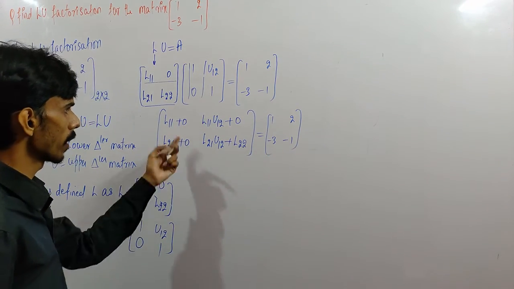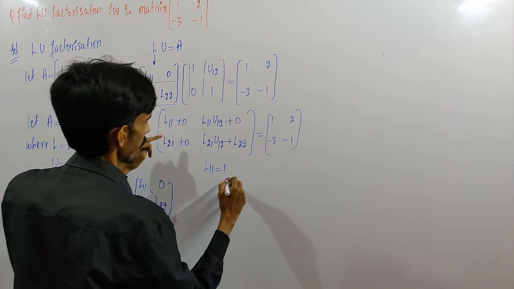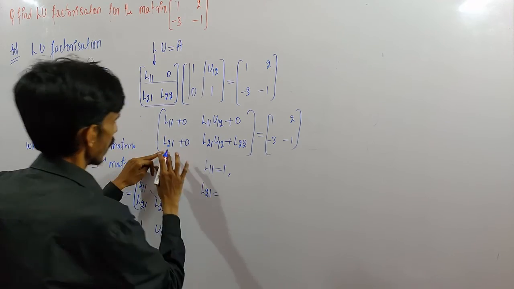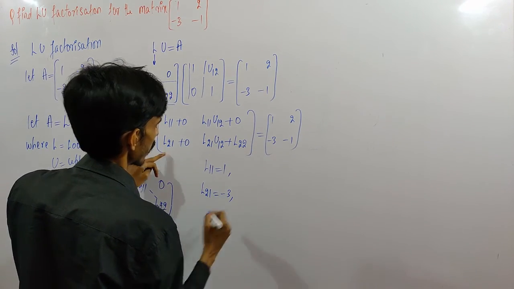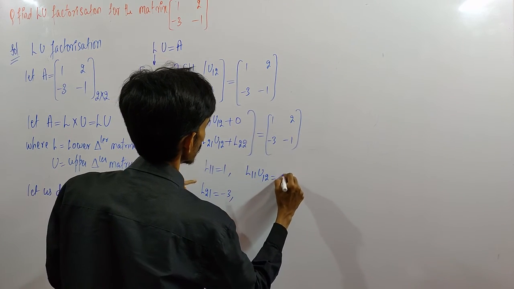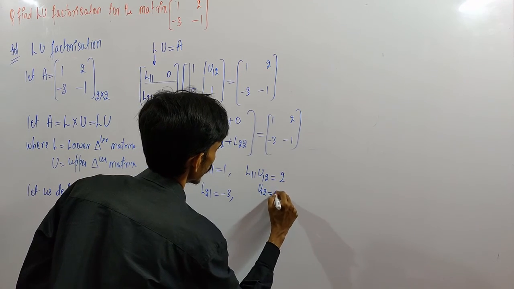Now equating corresponding elements, L11 value is 1, L21 value is minus 3. Now L11 U12 value is 2, L11 value is 1, so U12 value will become 2.